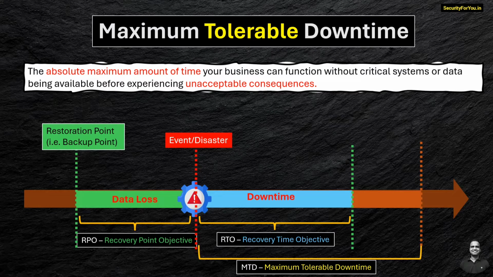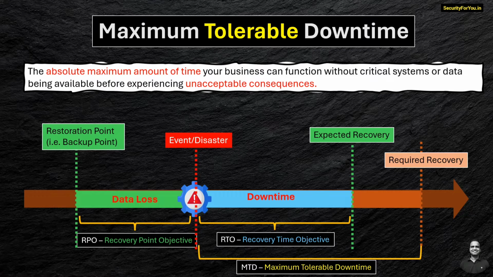Meaning that after MTD, your business will suffer unacceptable consequences. And how is it different from RTO? MTD defines the overall acceptable limit for downtime tolerance, while RTO defines how quickly you need to restore critical systems to minimize the impact of downtime and stay within the MTD limit.